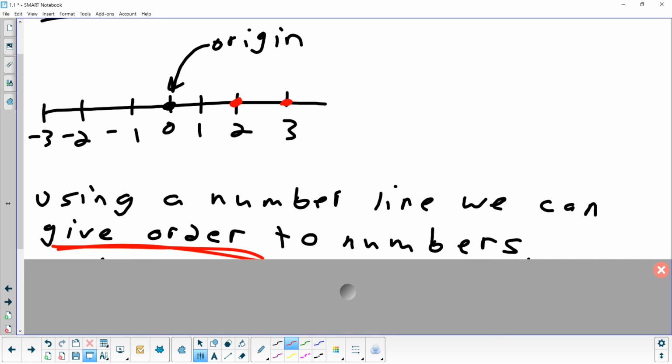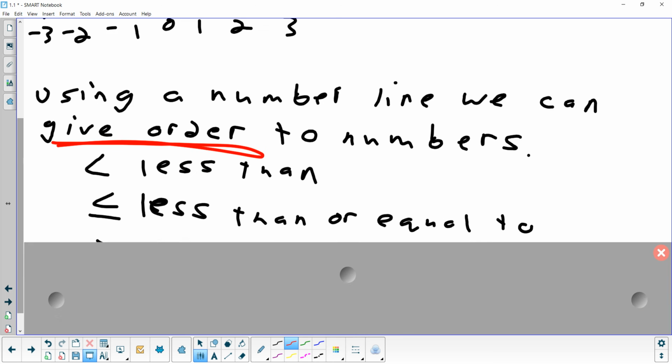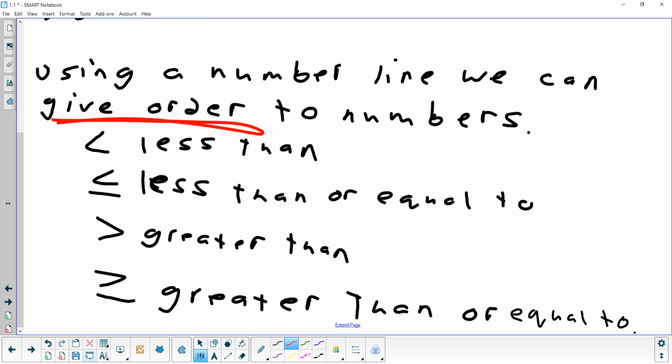That's called giving order to numbers. And we have 4 symbols that we can use when we're comparing numbers. Less than, greater than, less than or equal to, greater than or equal to. Does anyone remember what these 4 symbols are called? It begins with an I.